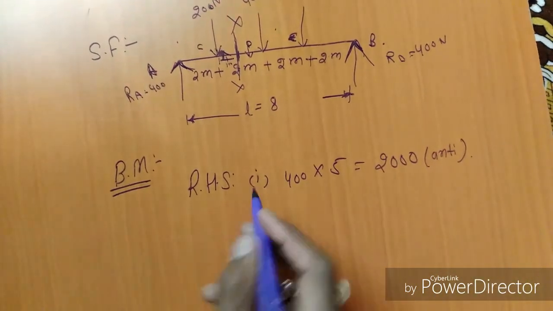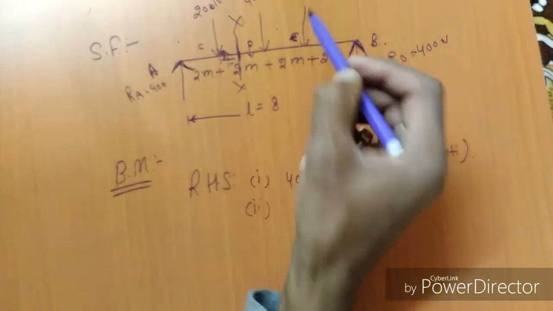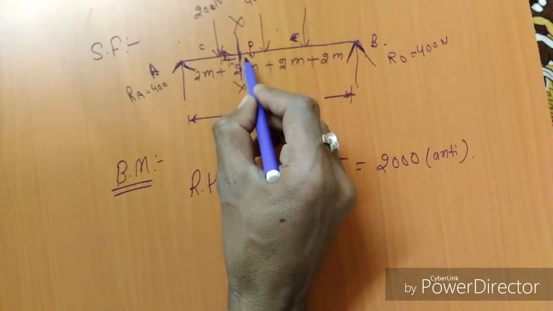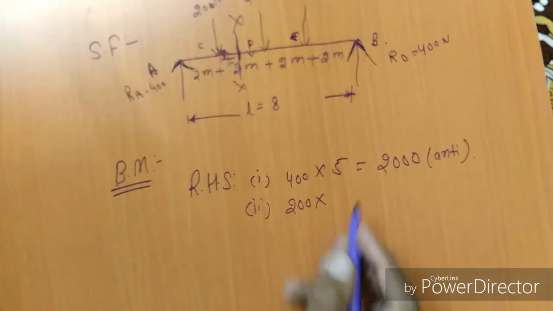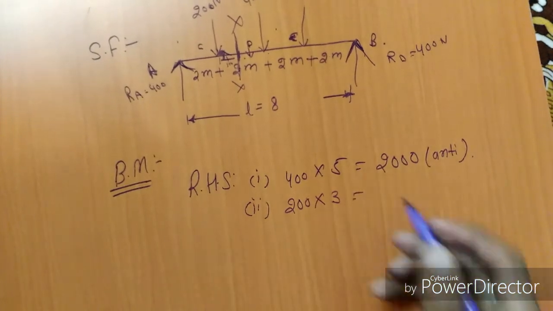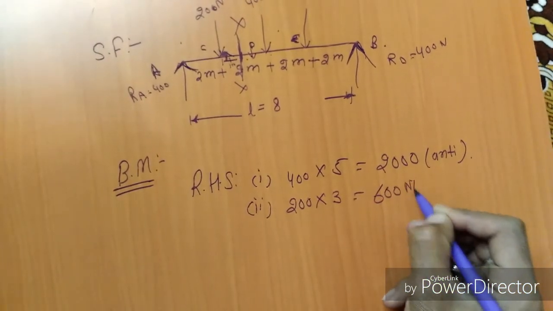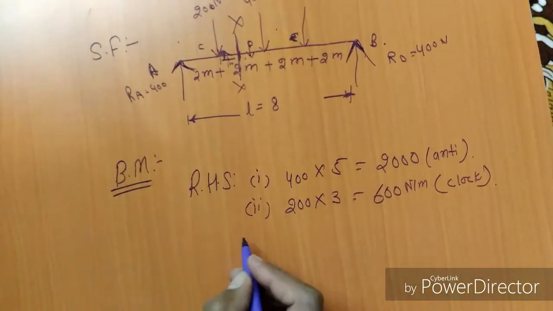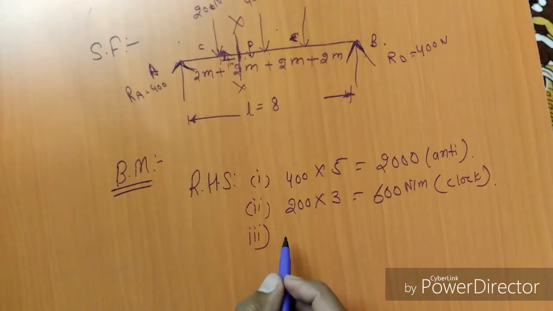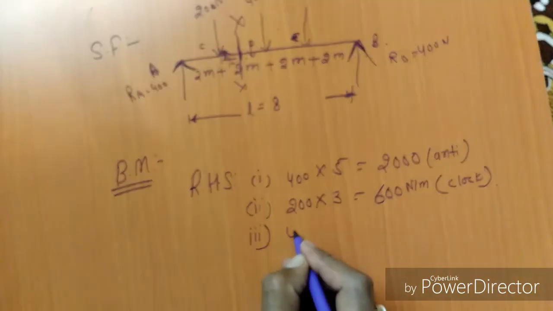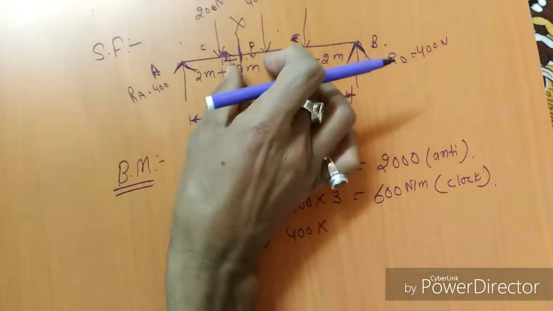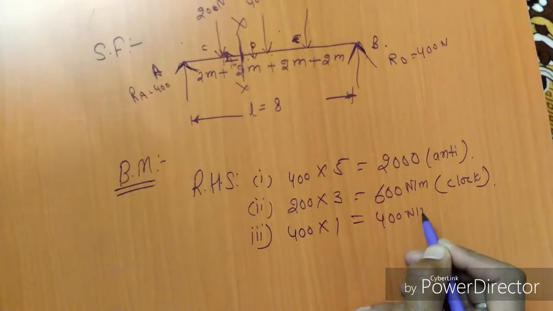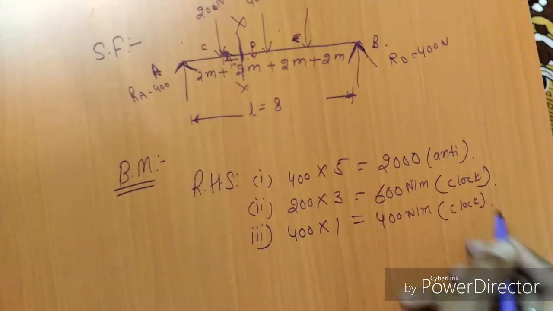After that, the second force is 200 Newton. What will be the distance? That is 2 meter and this is 1 meter from x. This is 3 meter. This is 600 Newton meter clockwise in direction. After that, the third force is 400 Newton, and the distance is 1 meter, that is 400 Newton meter clockwise.